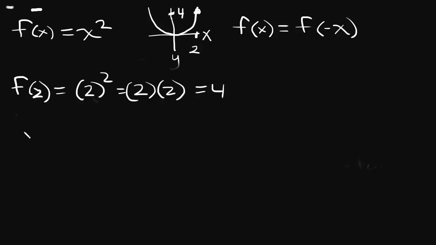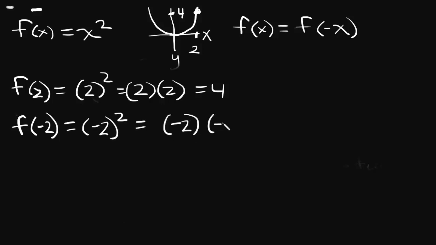But if we put in the same value for x, but make it negative, f of negative 2 is negative 2 squared, which is negative 2 times negative 2. 2 times 2 is 4, and a negative times a negative is a positive, so we just leave that as it is.